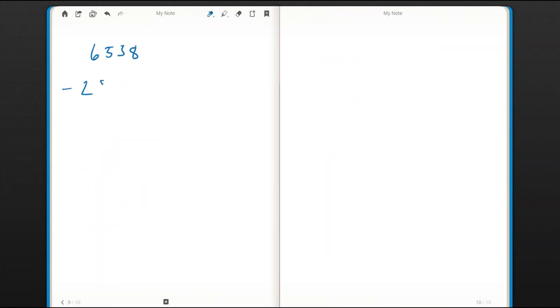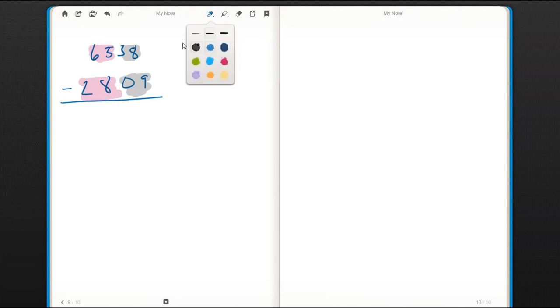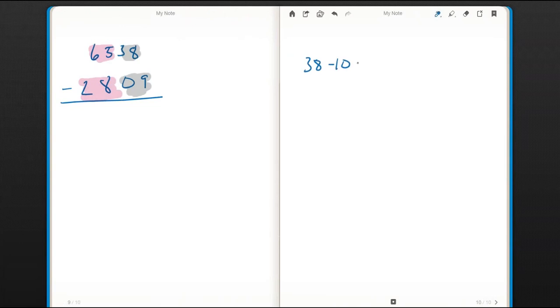6,538 minus 2,809. Again, mentally, I'm looking at my hundreds and my ones. In this case, I can subtract the ones. 38 take away 9. It's the same thing as 38 take away 10, put 1 back.